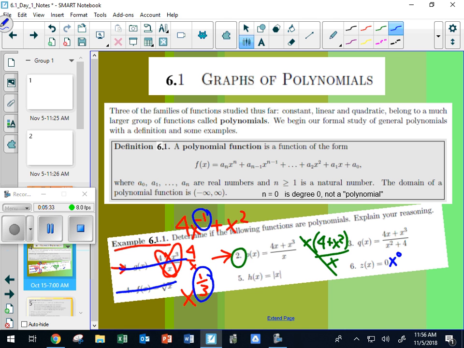What's 1 times 0? 0. So can I just multiply that on? Will that change anything about it? No. Is 0 a negative number? Is it a fraction? It's neither. Therefore, this is actually a polynomial. 0 is indeed a polynomial.